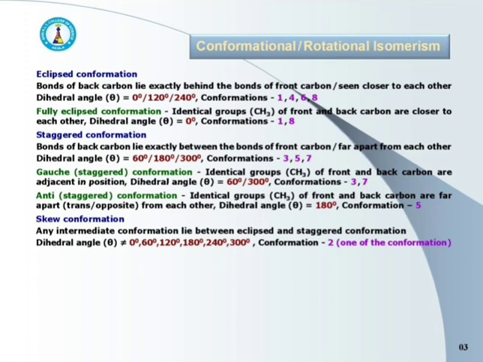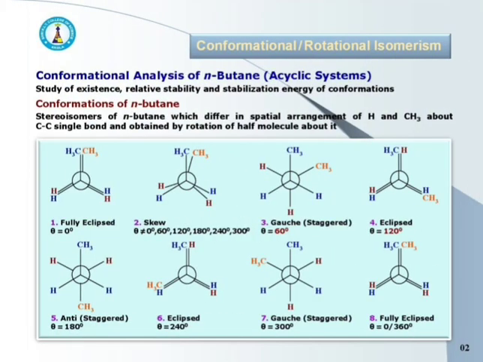It means bonds of back and front carbon atoms are seen closer to each other. These conformations have dihedral angle 0, 120 or 240 degree. Conformations 1, 4, 6 and 8 are eclipse conformations.